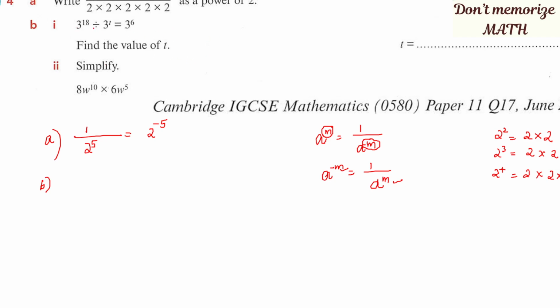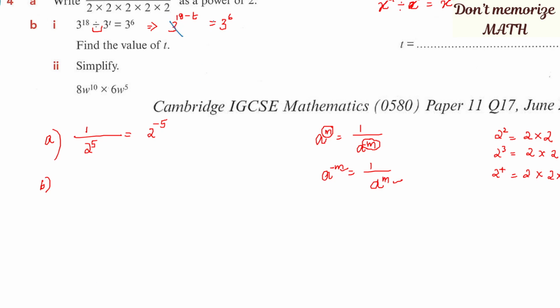If you have division and the bases are the same, you can subtract the powers. We have the identity x raised to a divided by x raised to b is equal to x raised to a minus b. So here it will become 3 raised to 18 minus t is equal to 3 raised to 6. Now the bases are the same, you can cancel the bases.